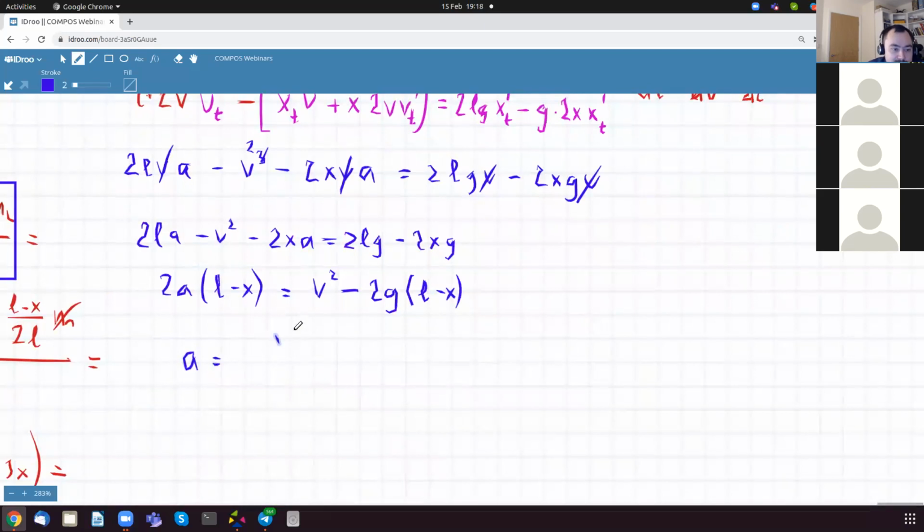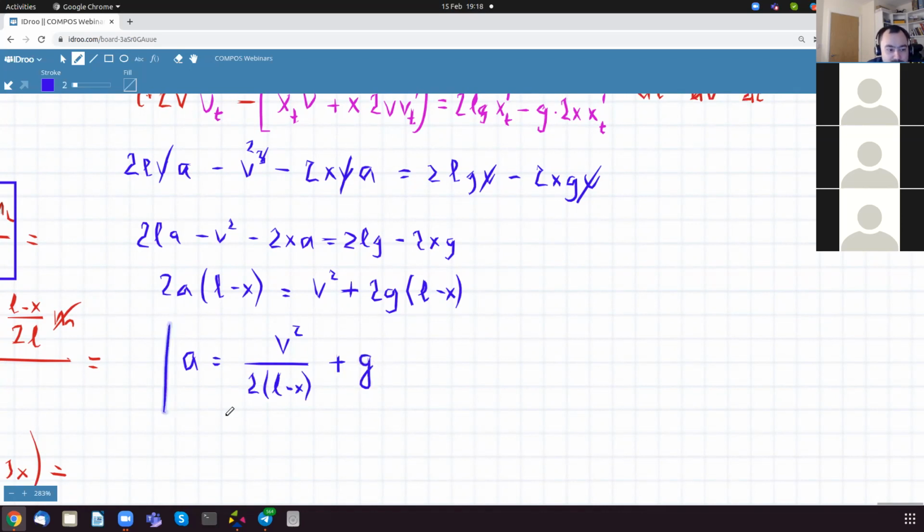Acceleration is v squared over 2 l minus x, plus g. Why minus? This is plus.